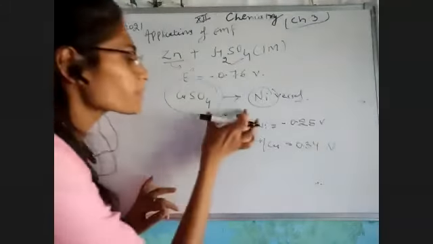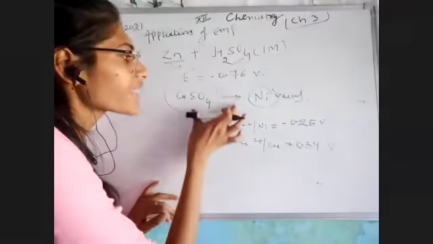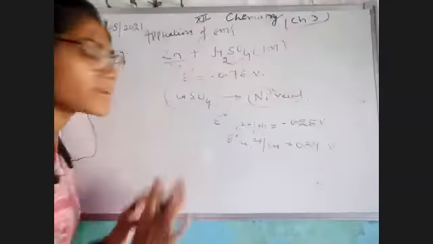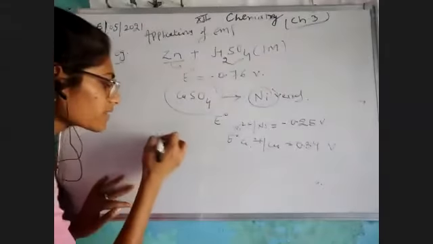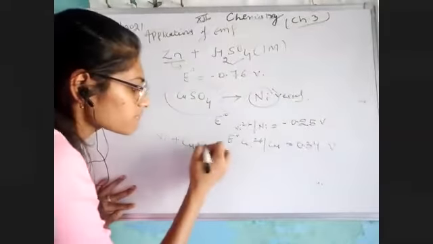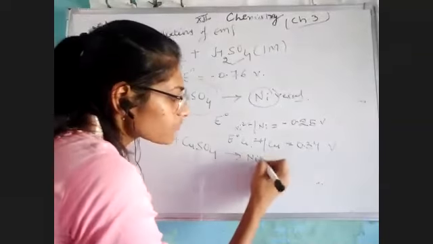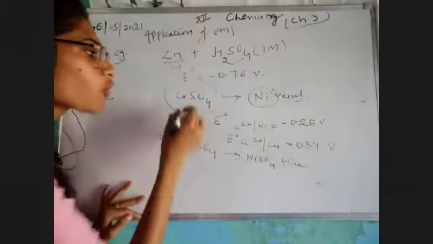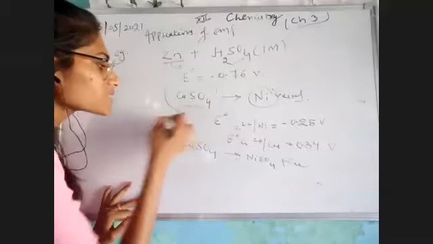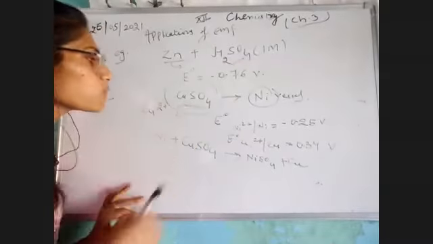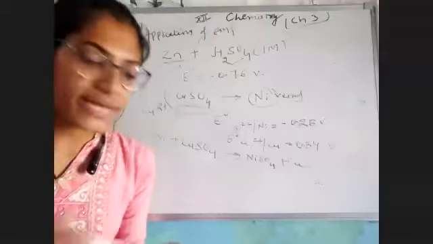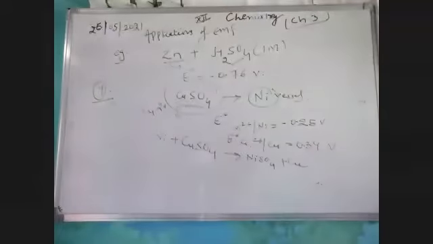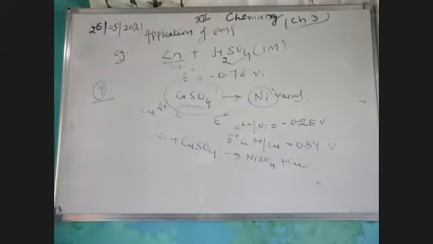Now, we have been provided with the two equations and we have taken nickel and copper sulfate. That means we can write nickel plus copper sulfate converts to nickel sulfate plus copper. Copper is present in the form of copper 2 positive, because the sulfate 2 negative ion just helps to maintain neutrality.